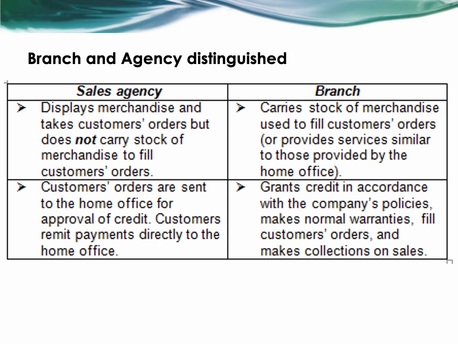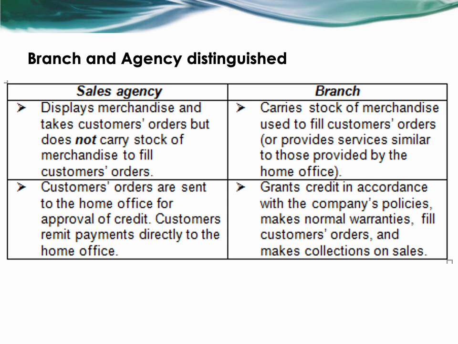So first, we must clearly differentiate between an agency and a branch. They serve similar purposes, which is to extend the business of the home office. But their accounting treatment is vastly different.